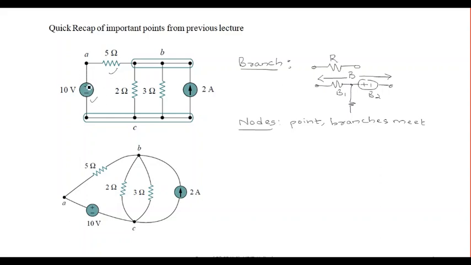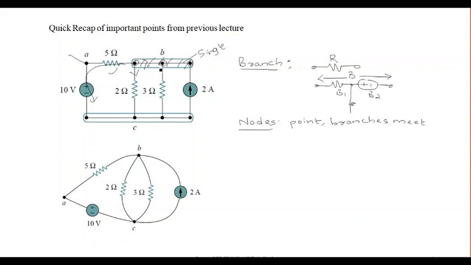You can consider these as separate branches, but since we don't have any diversion here, the current in this branch will be the same, so you can consider it a single branch. But here you can see the split here and here. It constitutes a node here, here and here as well, but all these three nodes can be considered a single node, right? Because they are the common point.